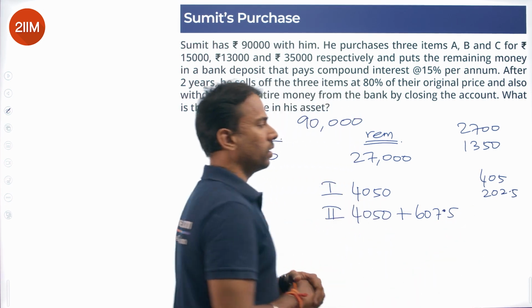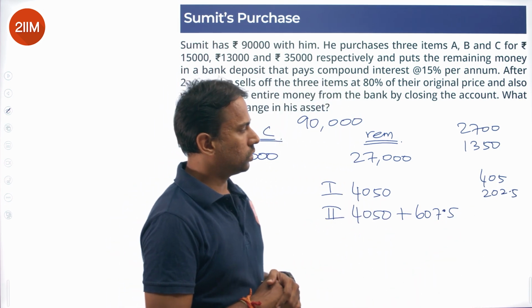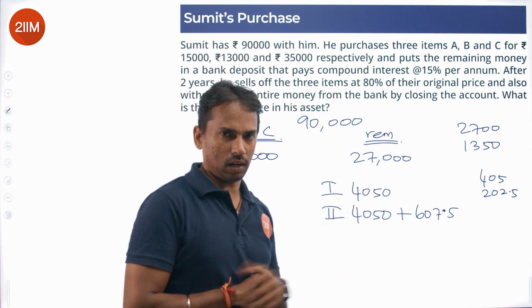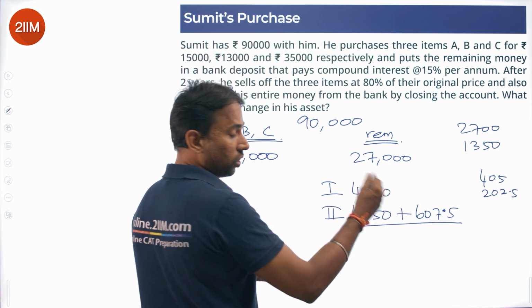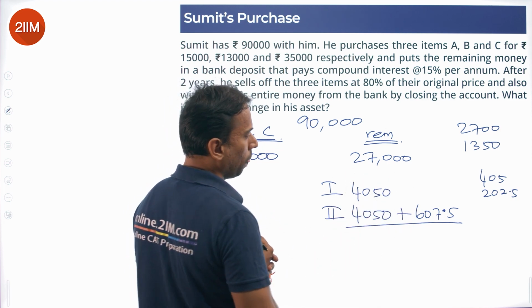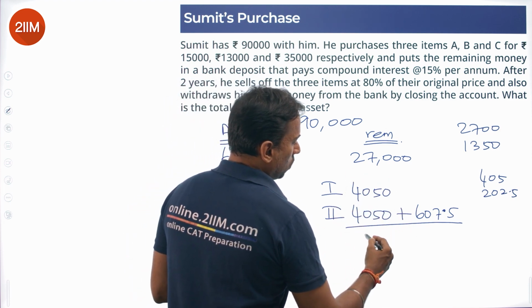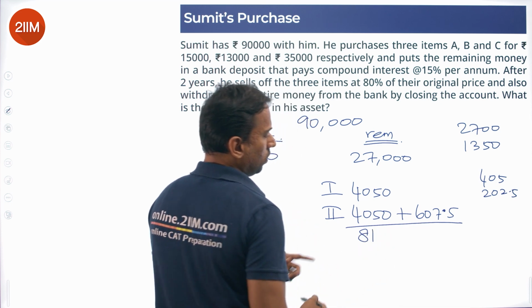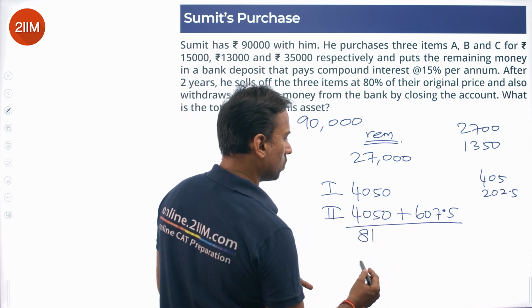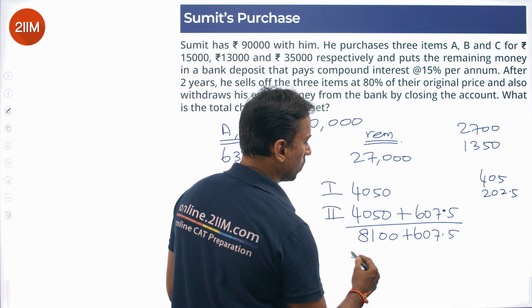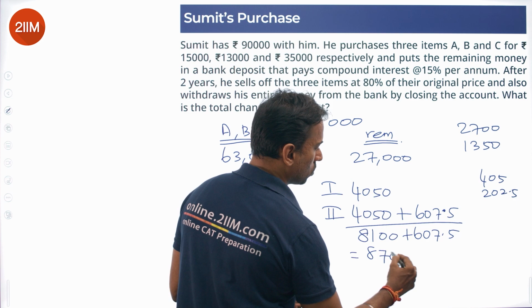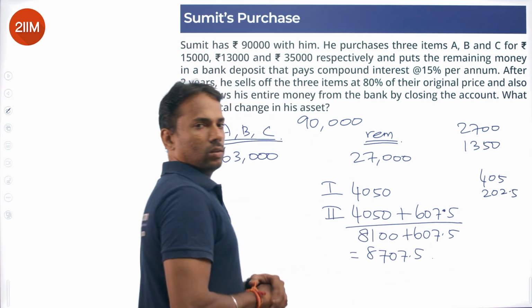So the total interest he will be getting for the 2 years put together is going to be 8100 plus 607.5. So this will give 8707.5.